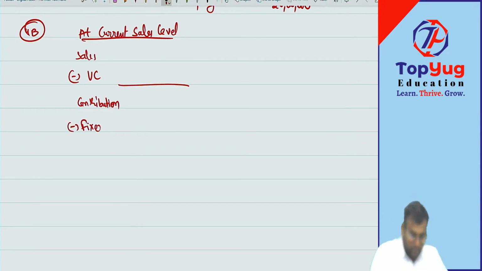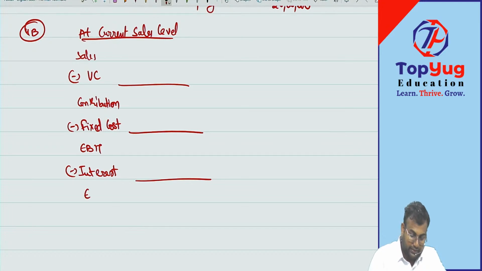Less fixed cost, you will find out EBIT. Less interest, you find EBT. Taxes are also given.